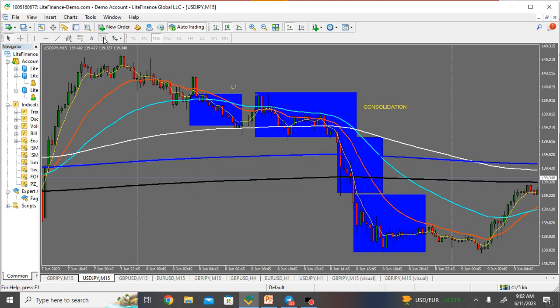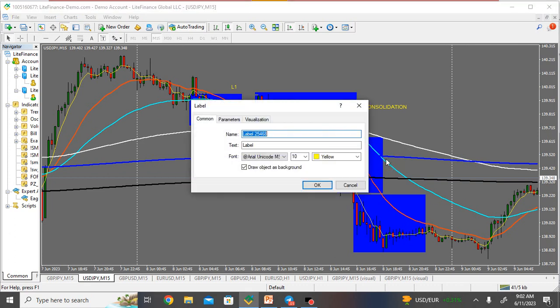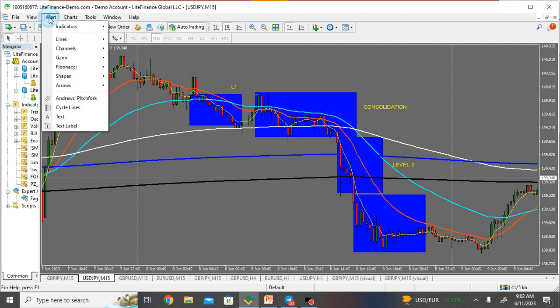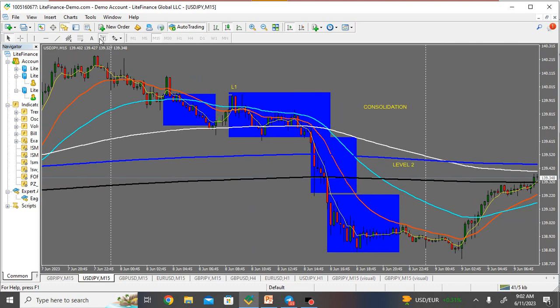Then this was level 2. This was the last level for that day. Maybe this was level 3.